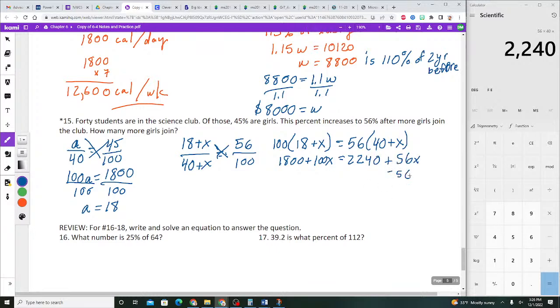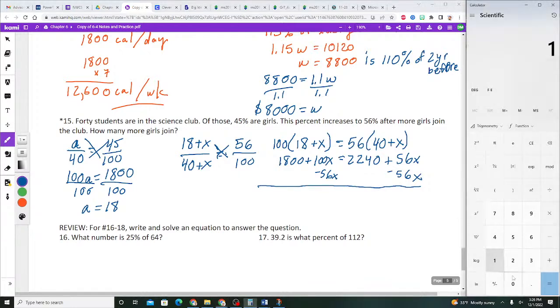We're going to subtract 56x from both sides. 100 minus 56 gives us 44, so we have 1,800 plus 44x equals 2,240.